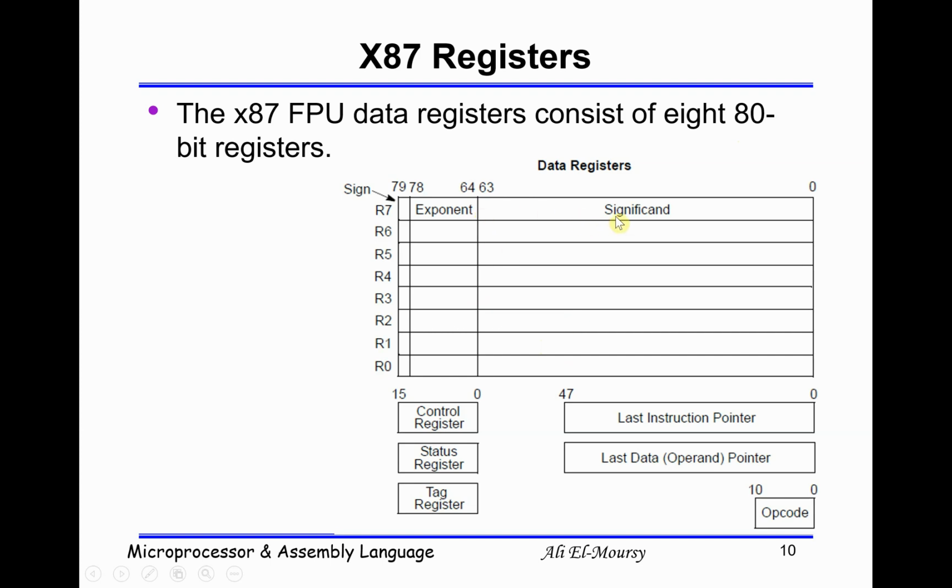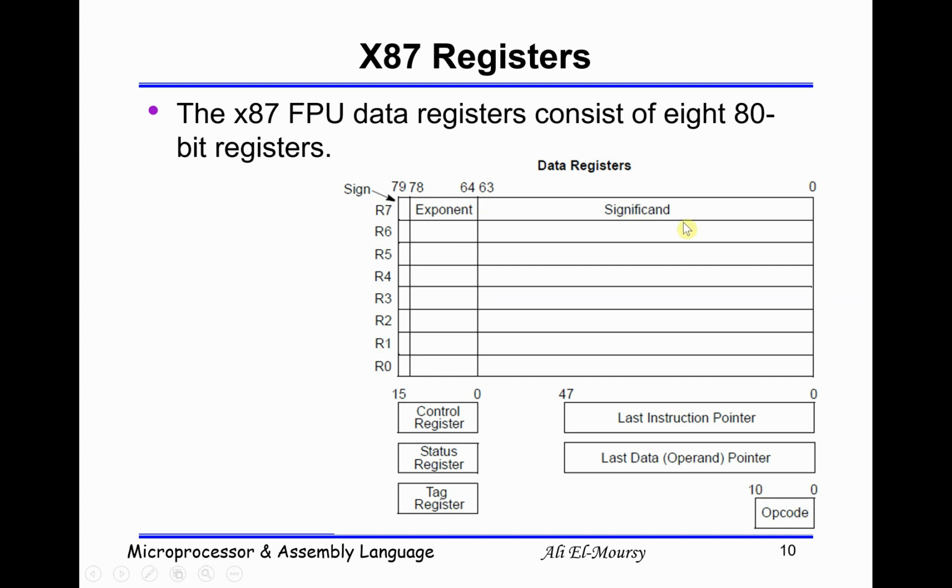If you are using the extended version of the register, which is the 80 bits, you can notice here that the significand or the mantissa is 64 bits, from bit 0 till bit 63, and the exponent is from bit 64 till bit 78, which means 15 bits, and we have one bit for the sign of the mantissa.